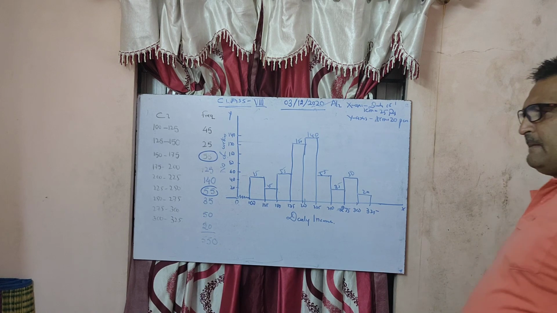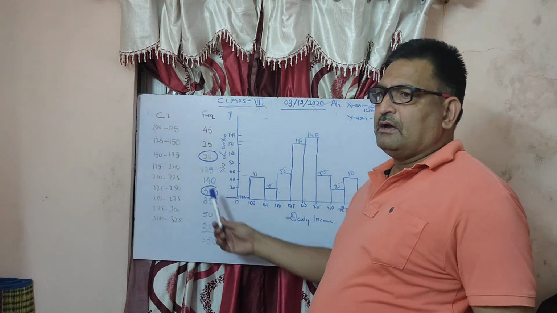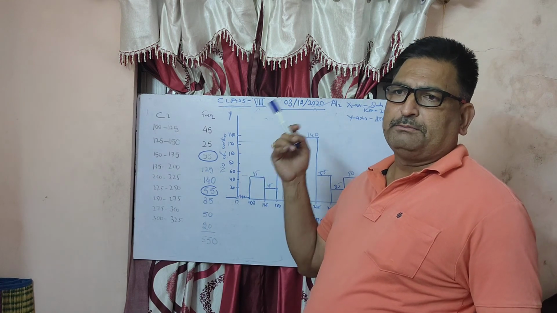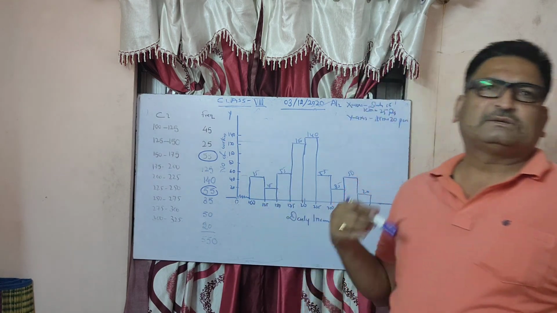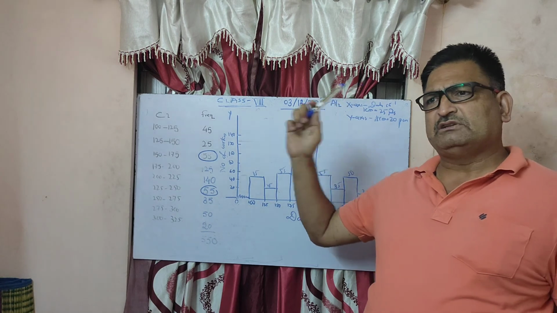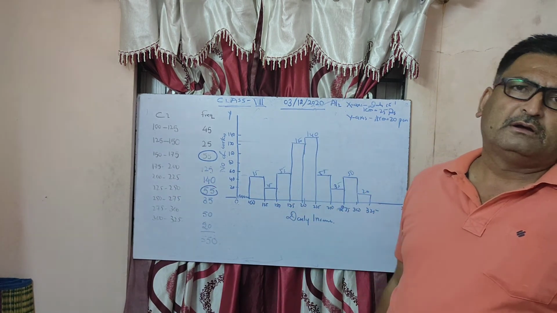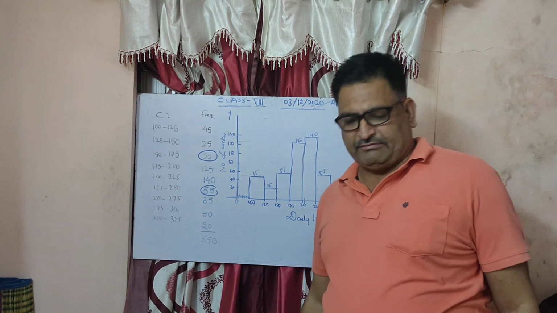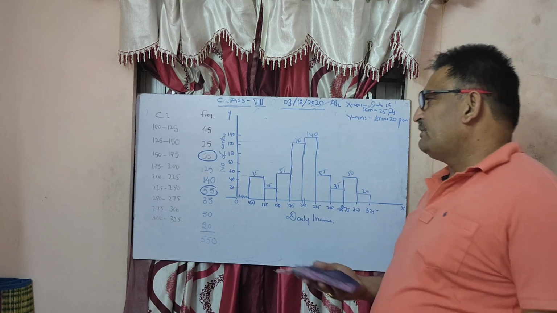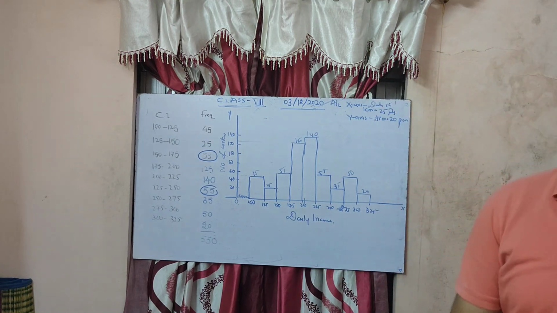Means by making a table, and based on the table how to answer the questions, and based on the table how to represent it in the form of a graph. That you have to remember. So in the next class we will discuss more about data handling and how to solve it. Okay, thank you.